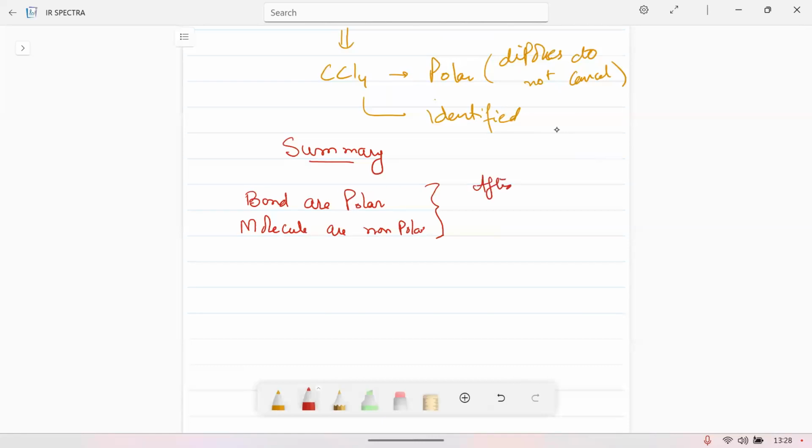After IR absorption, the polarity can change. Polarity will change and the molecule can be identified.